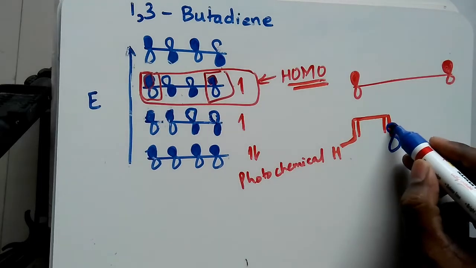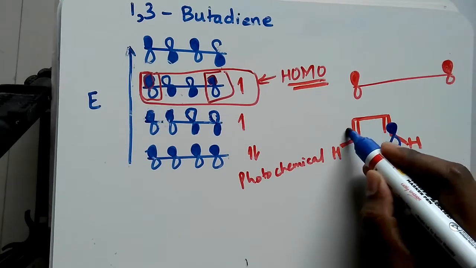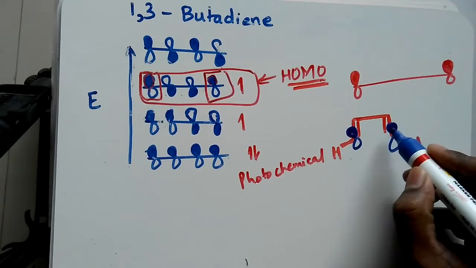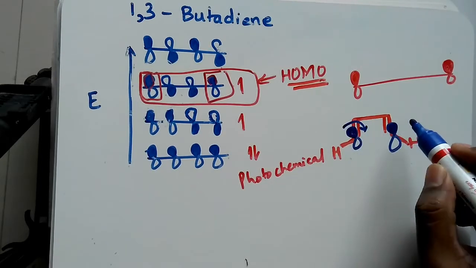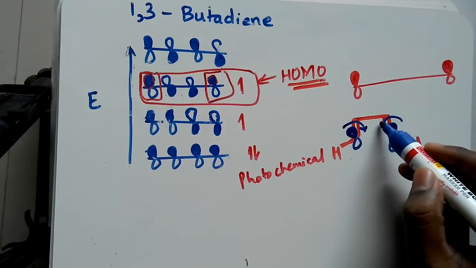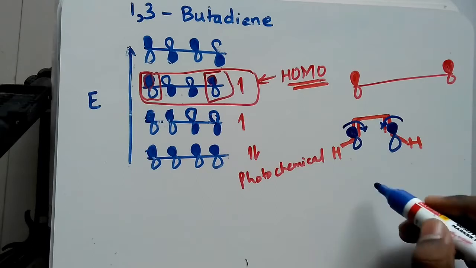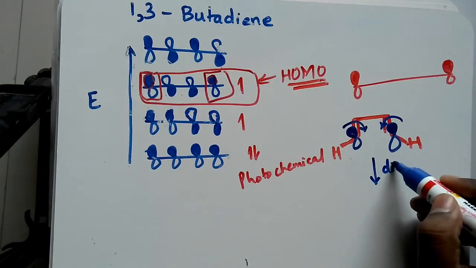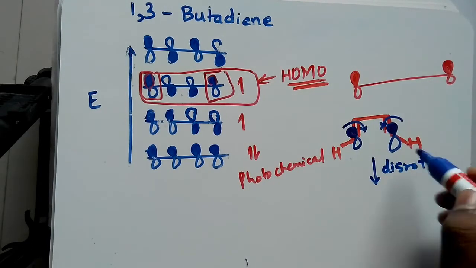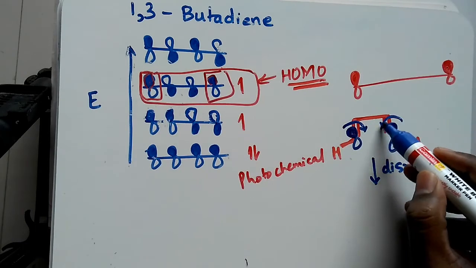Regarding the lobes on each carbon, positive phase on top. If I rotate this in the clockwise and this in the anti-clockwise, what we get is again dis-rotatory motion. Why dis-rotatory? This is clockwise, this is anti-clockwise.